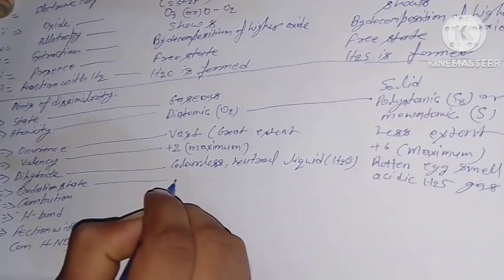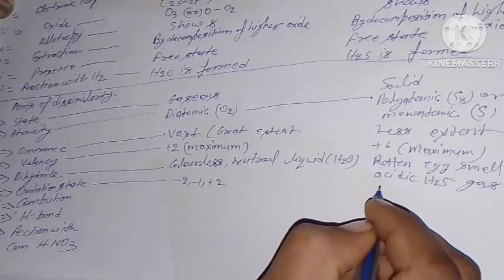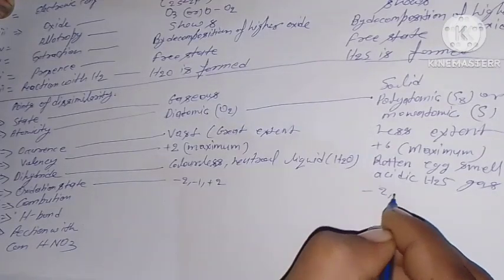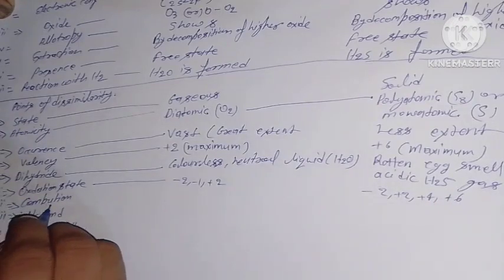Oxidation state of oxygen is -2, -1, +2, and oxidation state of sulfur is -2, +2, +4, +6.